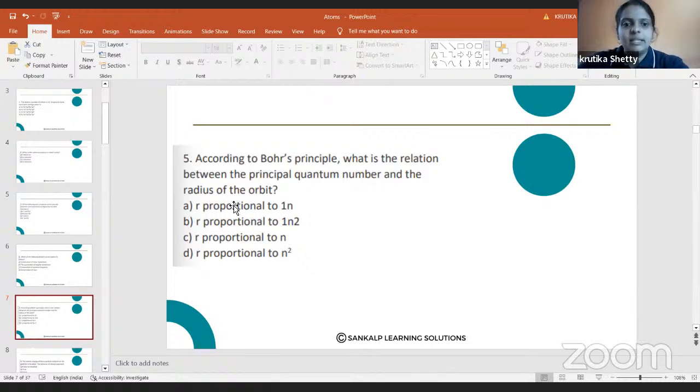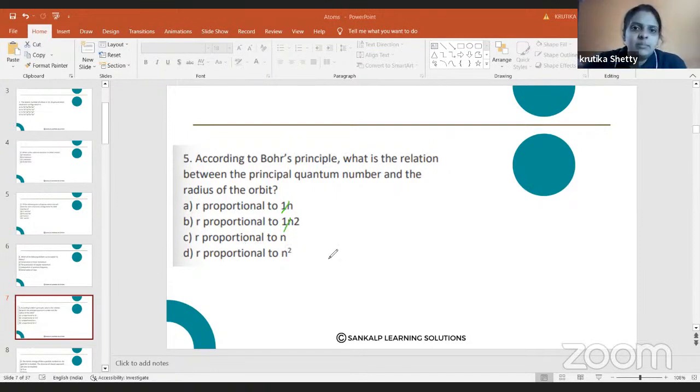The options are: r is inversely proportional to n, r is inversely proportional to n square, r is proportional to n, r is proportional to n square.